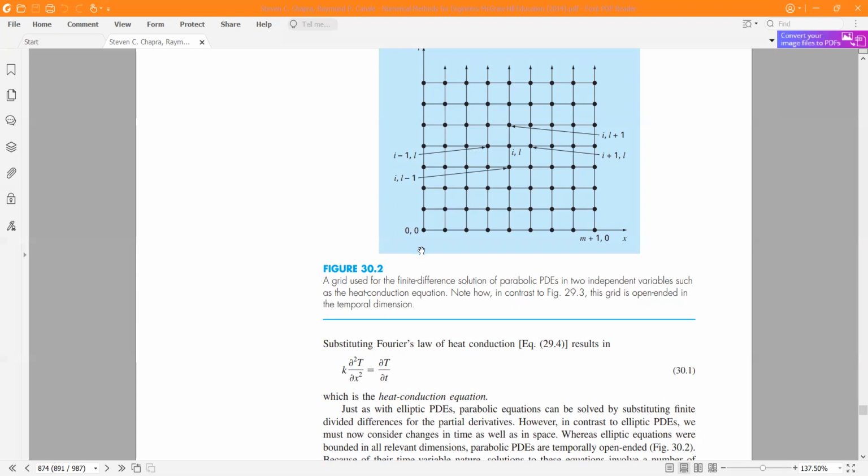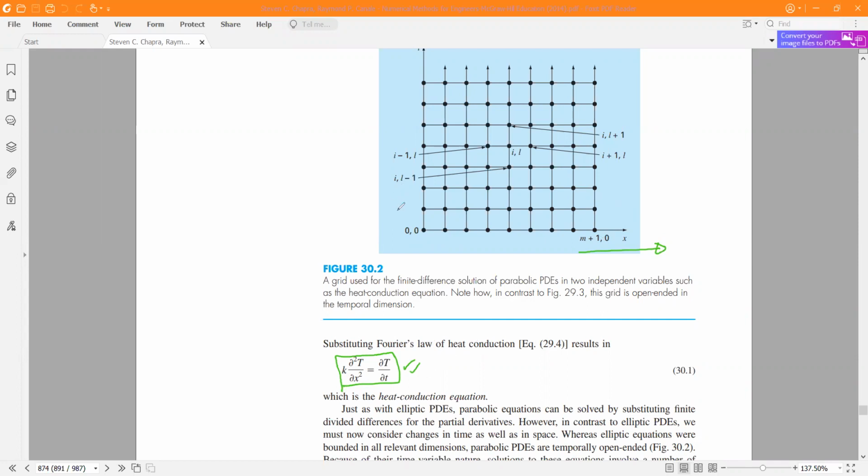Consider that in this figure 10.2, your equation is this. So you see that if this is your x direction, something in the x direction is changing with respect to time. So your time grid is actually imaginary.